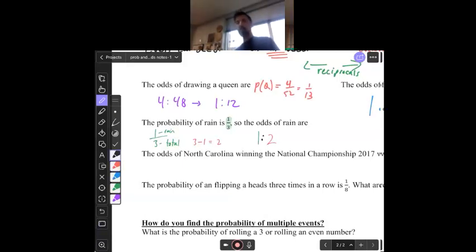It's not a lot of math, right? All I do is subtract, but figuring out that that's what I need to do is the hard part. It's more thinking than doing. If the probability of rain is 1 out of 3, then the odds of rain are 1 to 2. That's going from probability to odds.